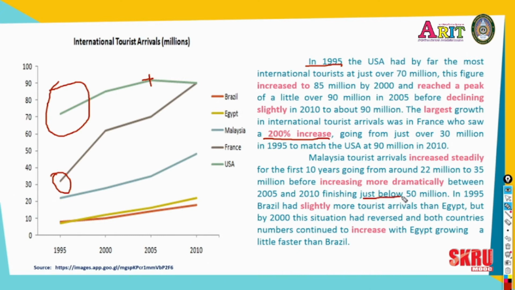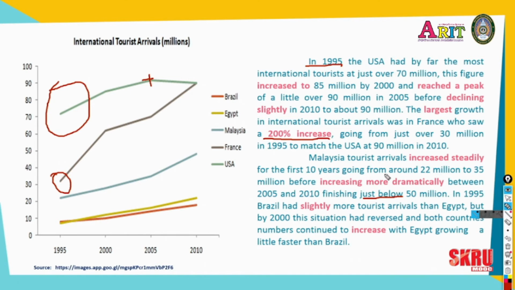So again, just below, just under, terms to mean not exactly. We can't be specific. There's no actual numbers provided on the graph. So we can show it's general by saying around, approximately, just below, just above.